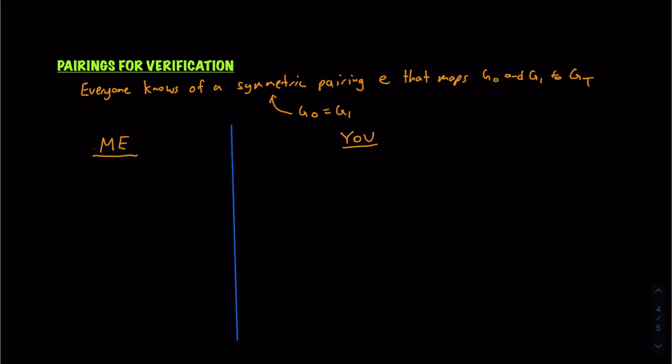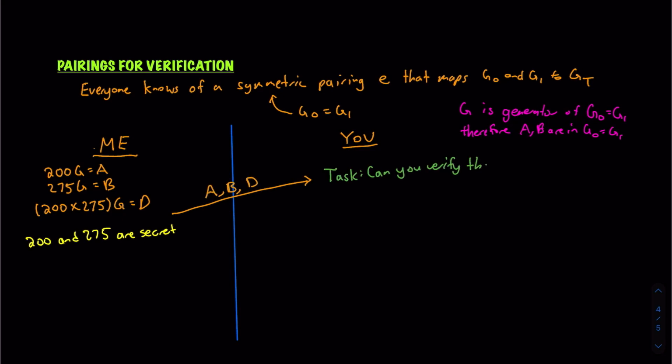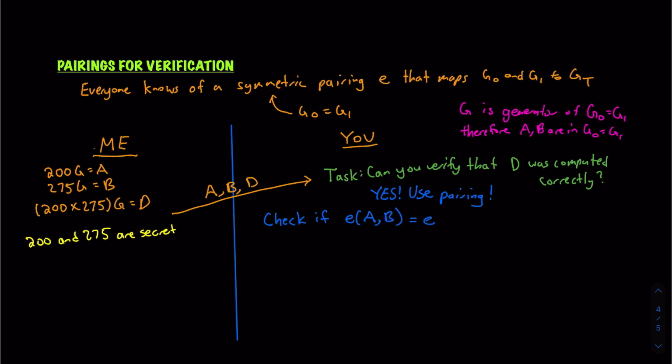Since I know the secret values of 200 and 275, I create A, B, and I also create D, which is 200 times 275G, and give you A, B, and D. What you can do to verify that D is computed properly is to calculate E of A comma B and see if it equals E of G comma D.